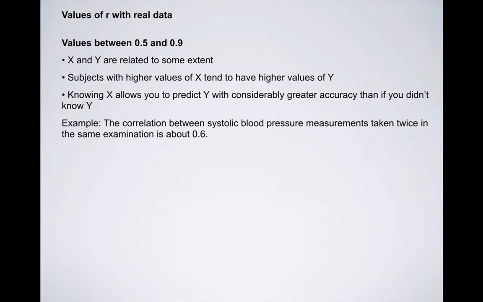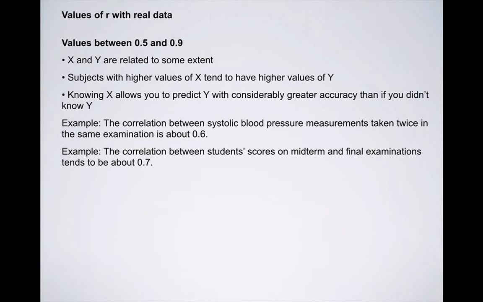For example, the correlation between systolic blood pressure measurements taken twice in the same examination is about 0.6. So that means that they tend to be related. If you have high blood pressure in the first reading, then you tend to have higher pressure in the second reading.